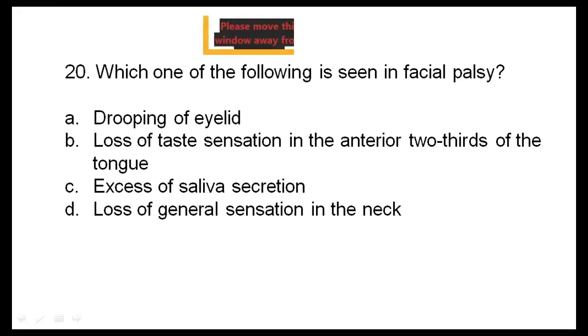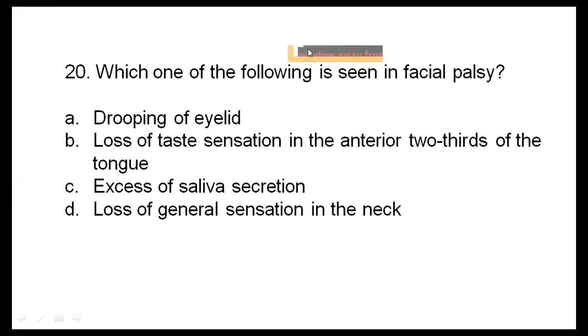Okay. So everyone has said B, but why not A? Can it cause drooping of the eyelid?